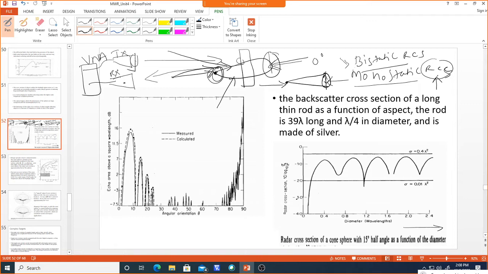By measuring this reflected signal, you can estimate the reflection coming at the receiver side, and with respect to the transmitted power, we can estimate the actual RCS of the target placed here. So this is bistatic RCS measurement, when two antennas are used separately.